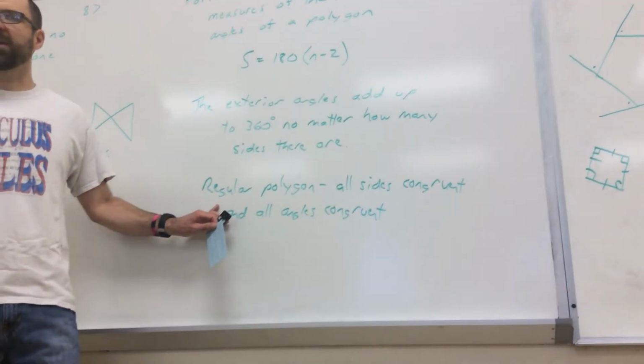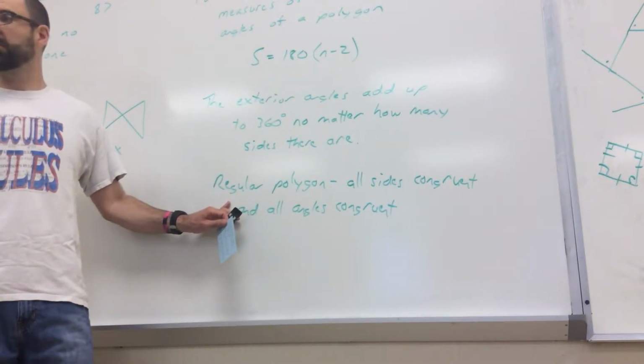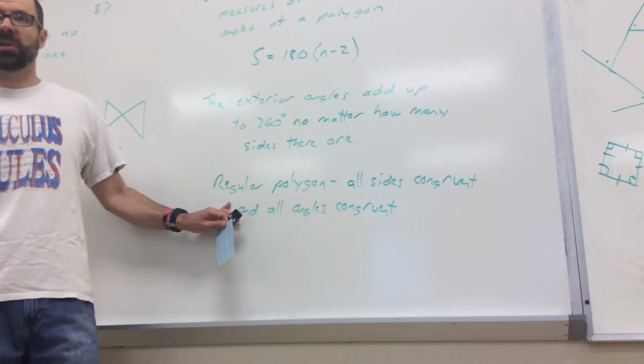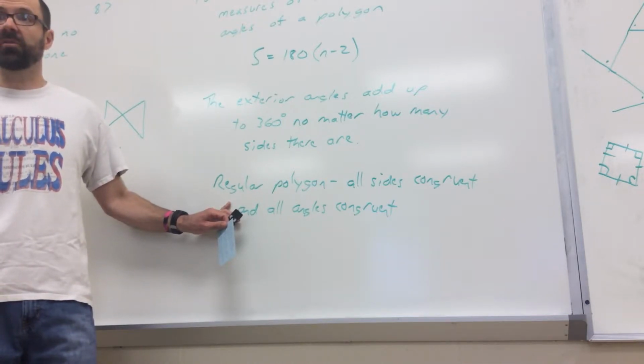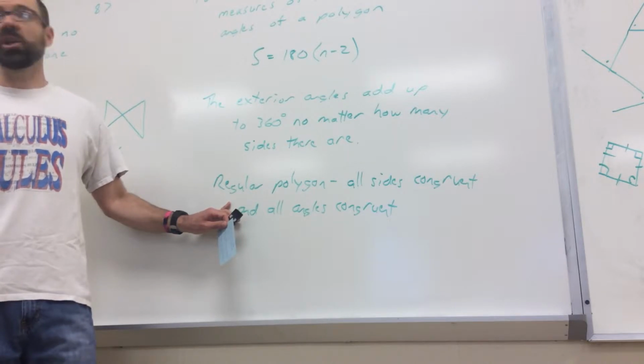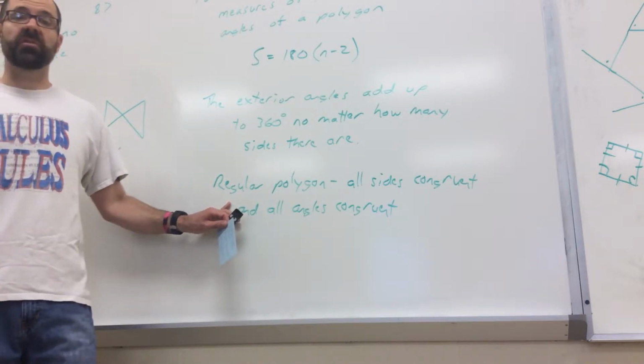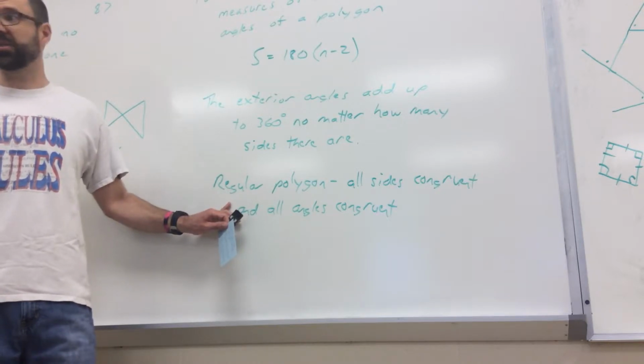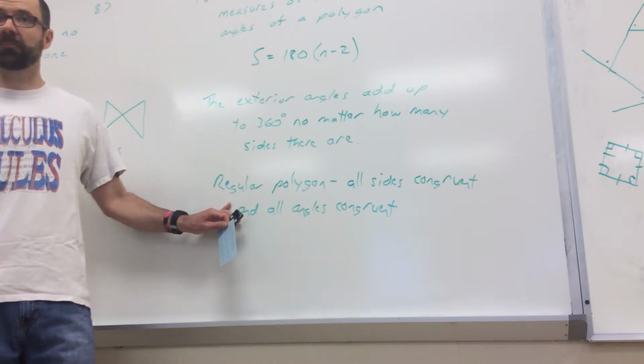What's a regular triangle called? So regular means all sides congruent, all angles congruent. If it's a triangle, and all of its sides are congruent and all of its angles are congruent, what's that called? Yeah. Equilateral triangle has all sides congruent and all angles congruent, right?